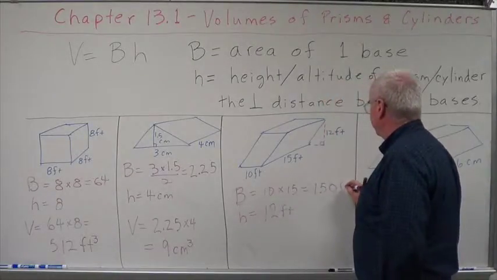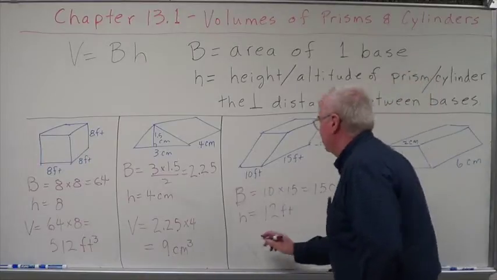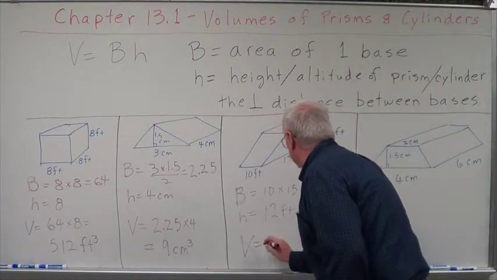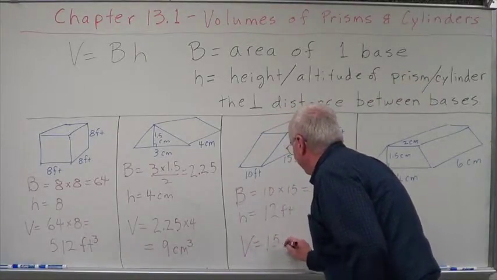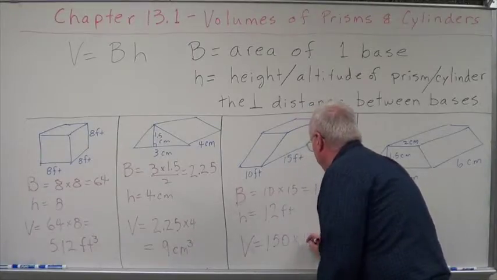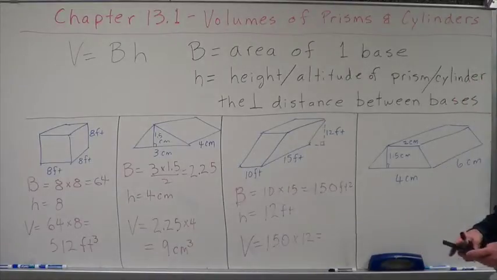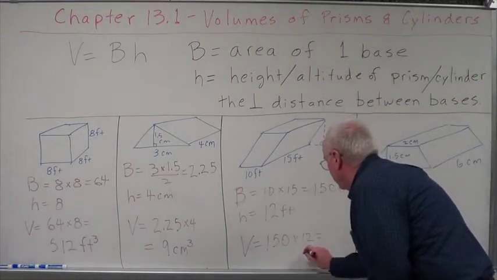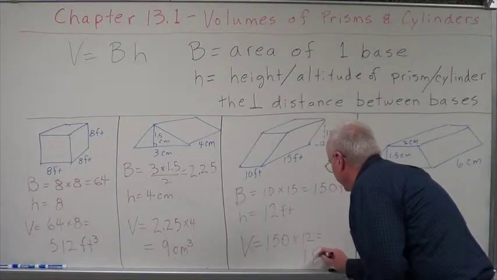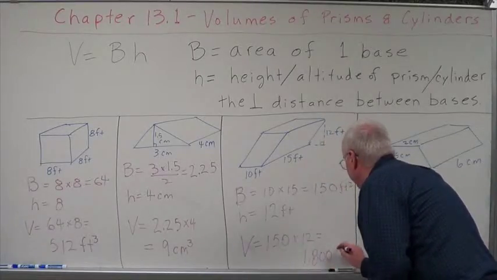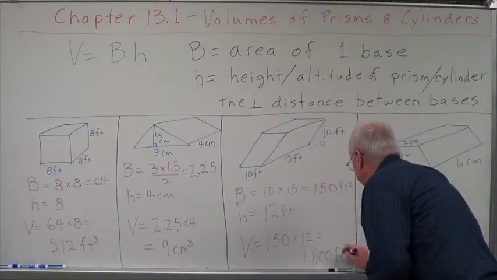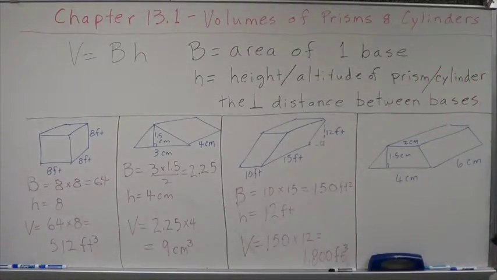So what we're looking at for the volume equals 150 times 12 equals 1,800 feet cubed. Okay? Pretty simple to come up with.